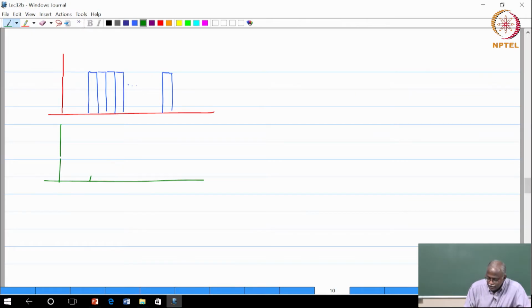In practice, there is going to be some amount of roll off, which means that there will be overlap between subchannels. Okay. So, this is going to be the practical case. This is the practical case, this is the ideal case.